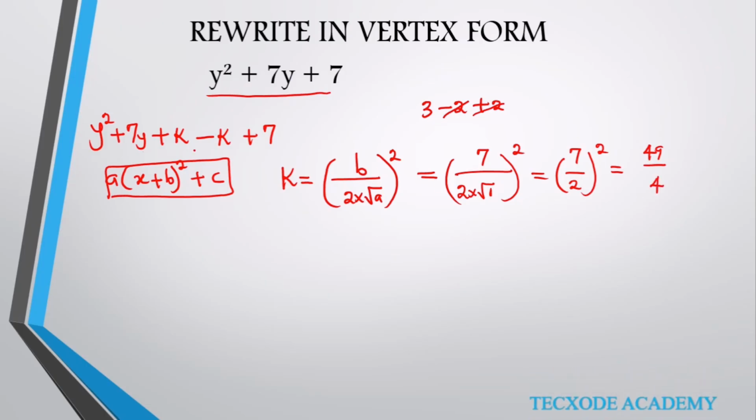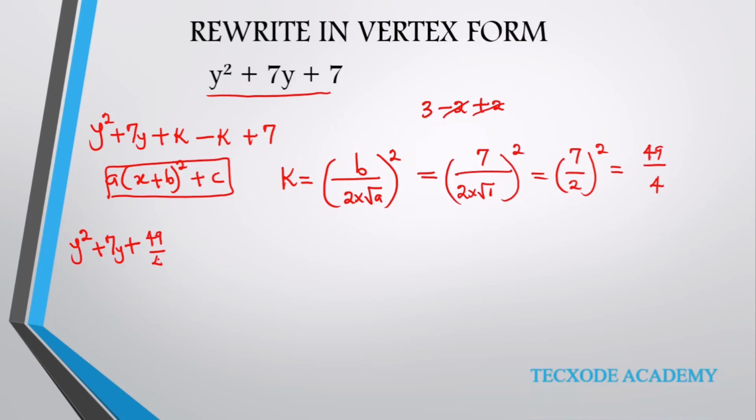So the k value which I would add and subtract is actually 49 over 4. So let's rewrite the expression: y squared plus 7y plus 49 over 4 minus 49 over 4 plus 7.